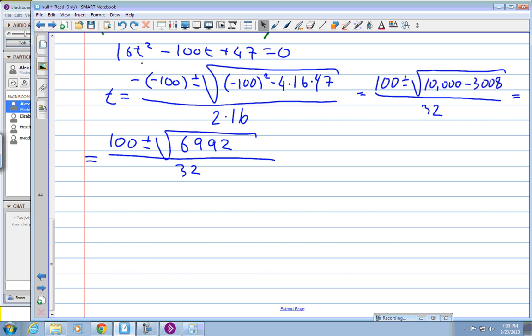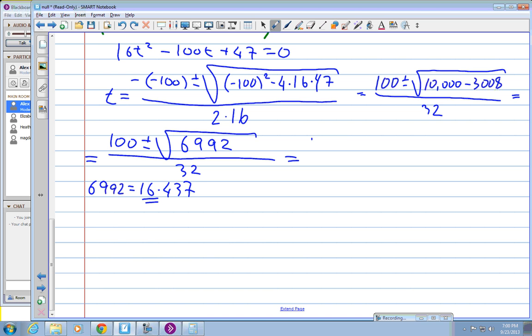Looks like 6992 is 16 times 437. That's what I just discovered by accident, just by creative division. And 16 is a perfect square, right? So that makes my life a little bit easier.